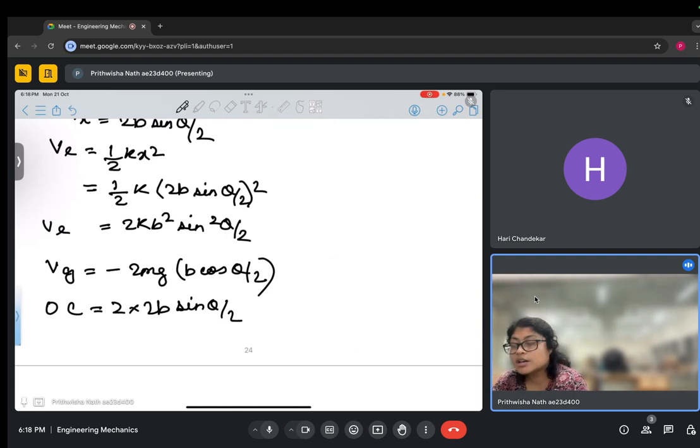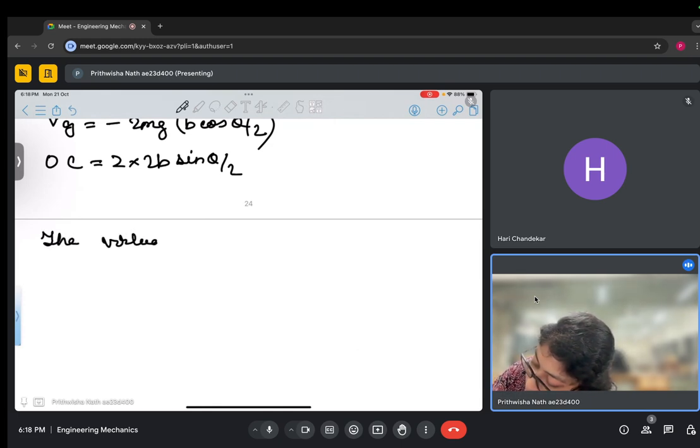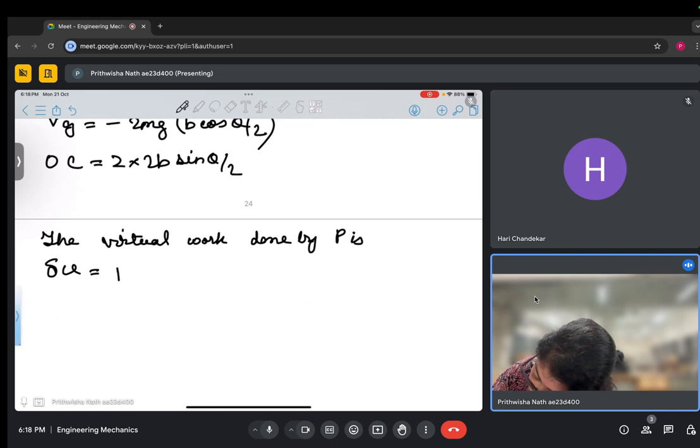So what is the virtual work done? The virtual work done by P is P delta of this distance, 4b sin theta by 2.